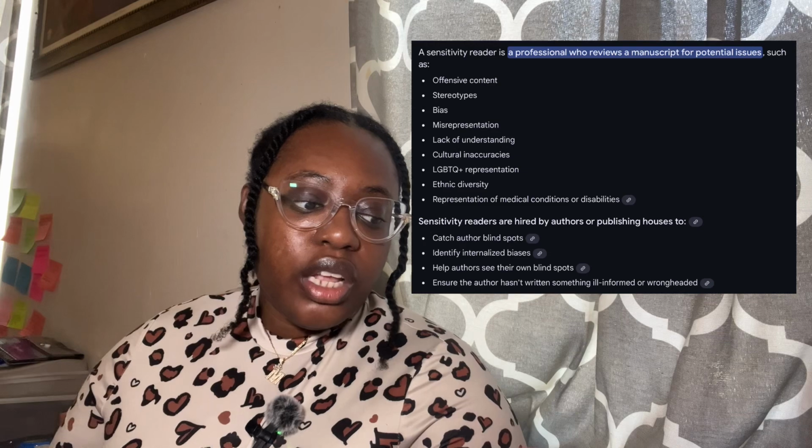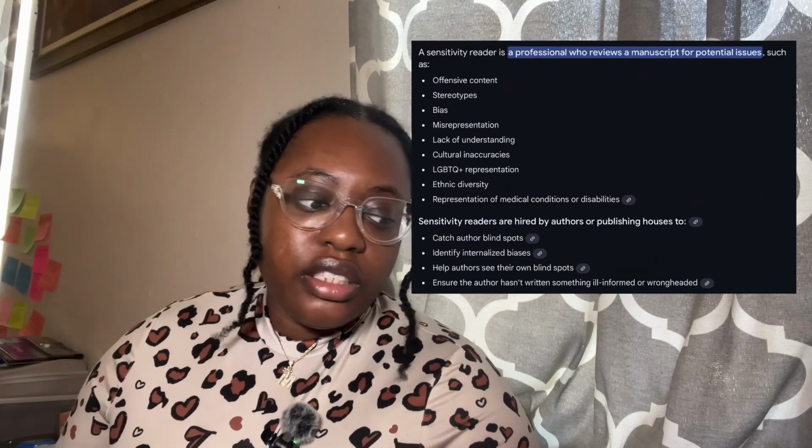One of the most impactful ways to ensure your portrayal of mental illness is authentic and respectful is to work with sensitivity readers, individuals who've lived the experience with the mental health condition that you're writing about, and they can provide valuable feedback on how your writing might be perceived by others and those who are directly impacted by mental illness. So try to do that.